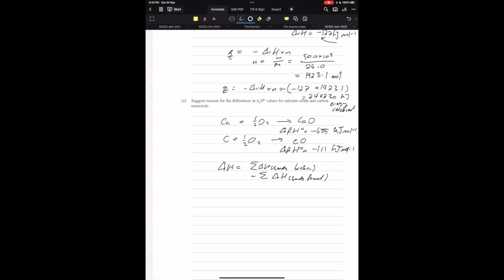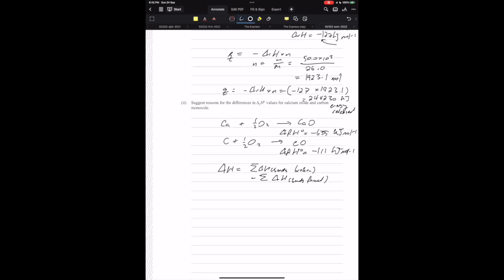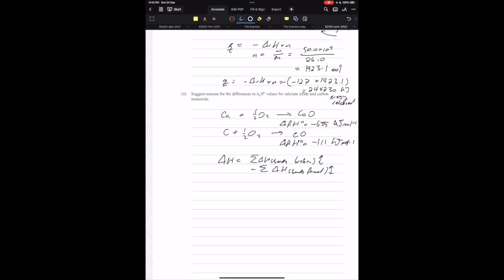So that means we consider whether this is higher or lower. In the case of calcium versus carbon, this is solid, because oxygen is the same. So that's the constant factor between the two.